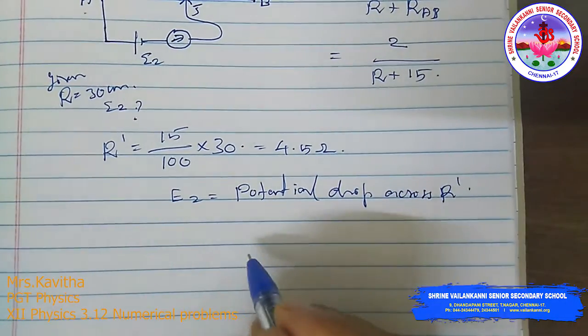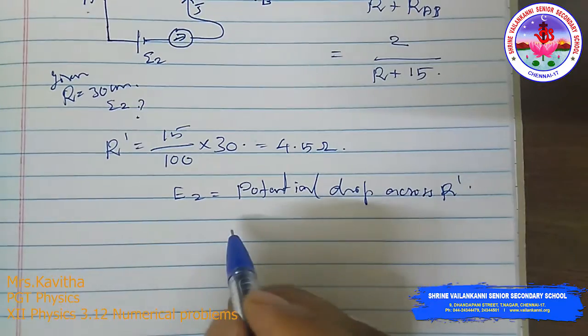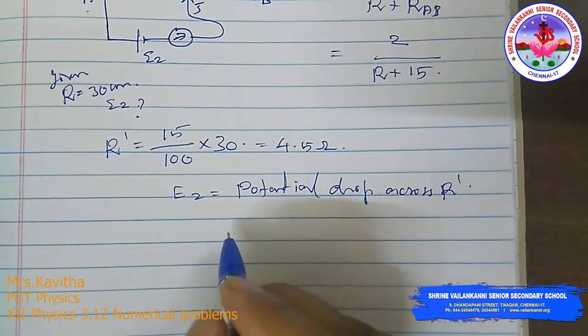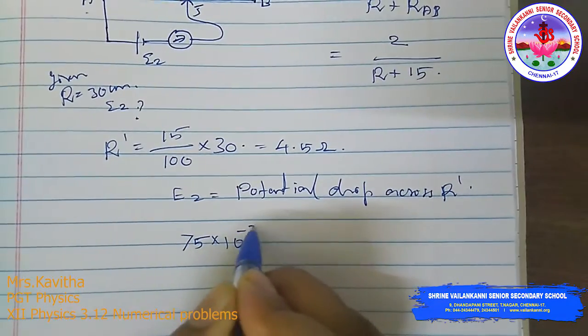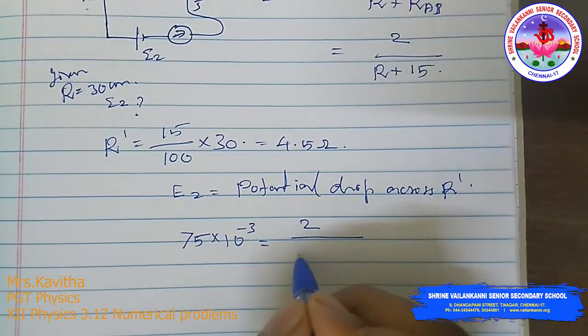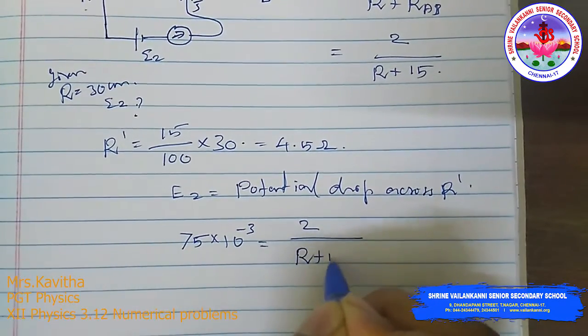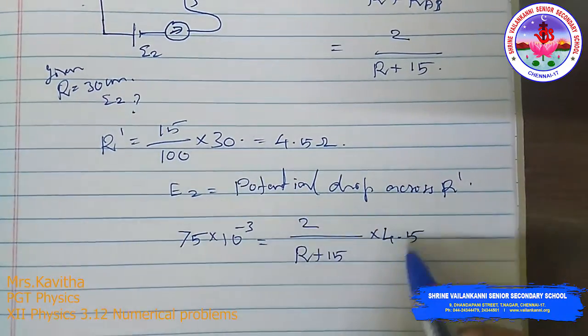So we can take the value they have given, E2, which is 75 millivolt, so we change it to 75 into 10 power minus 3, which is equal to 2 by R plus 15 into 4.5. We have to take the R dash value here.